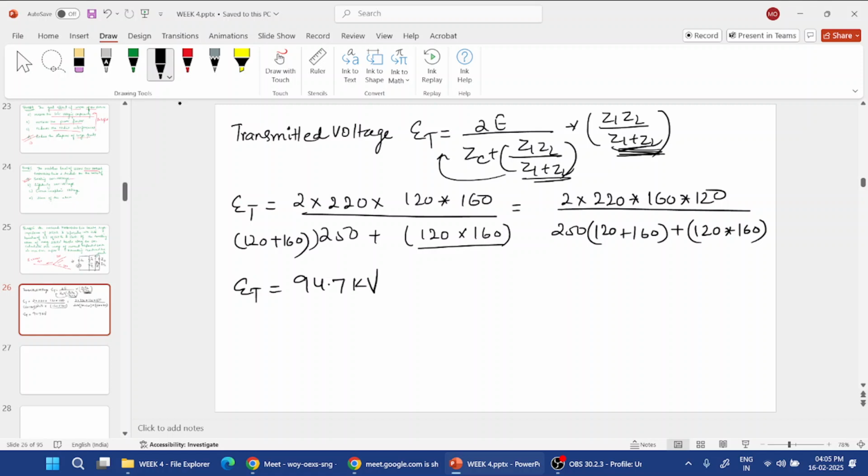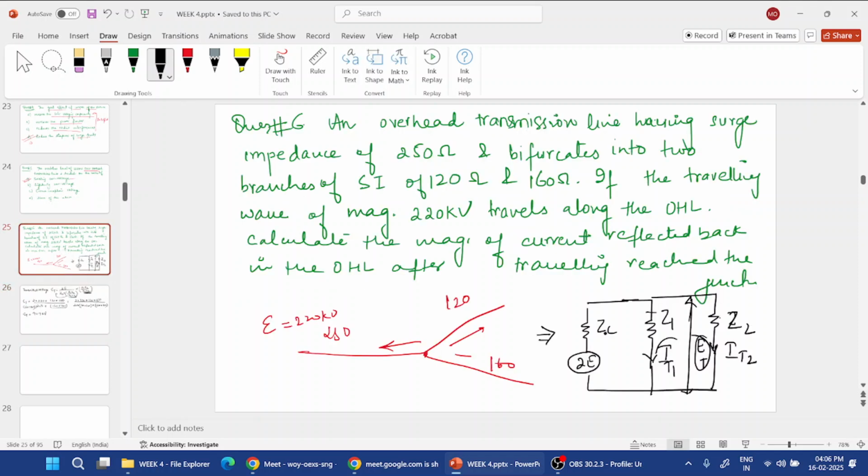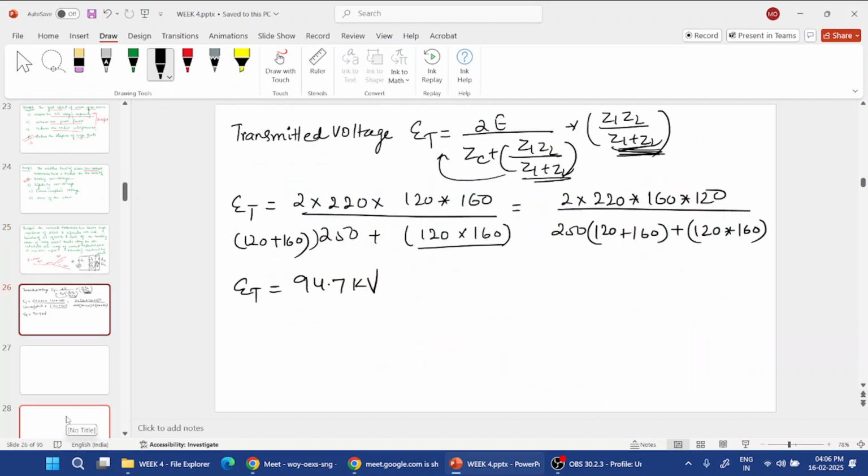Now, to calculate the transmitted current in the first branch, let's say IT1, it will be equal to the voltage across that branch divided by its surge impedance.